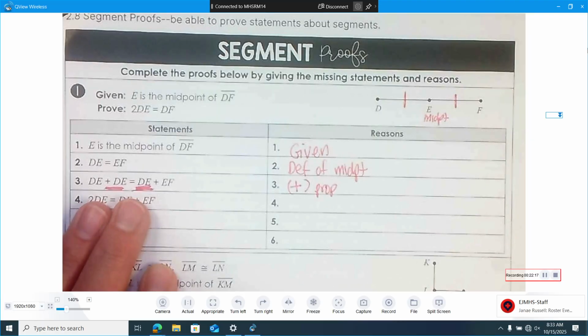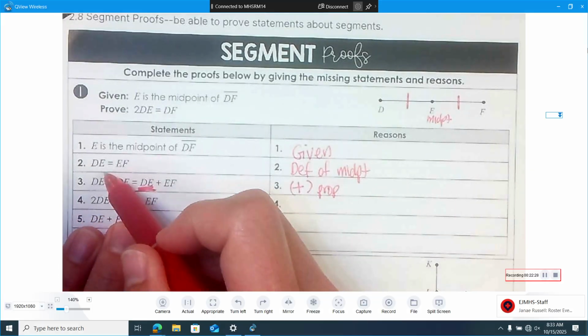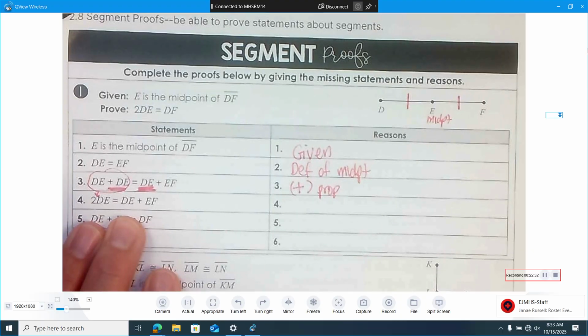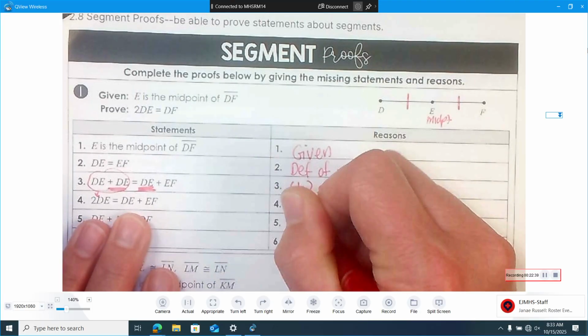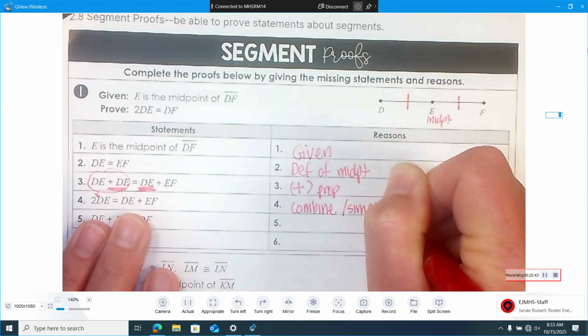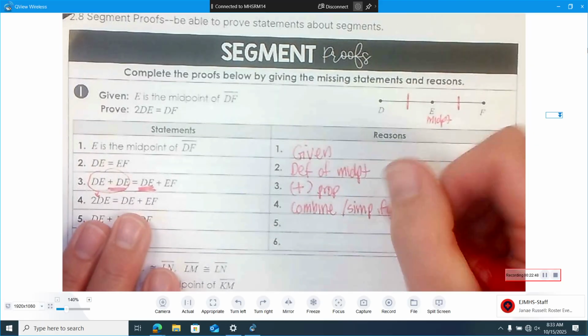They are adding the same thing to both sides. So what is DE plus DE? 2DE. DE plus DE combines and becomes 2DE. What do you suppose we're going to call that? Combine like terms, or simplify. Either one would work. I'd probably go with simplify, but either one would work.